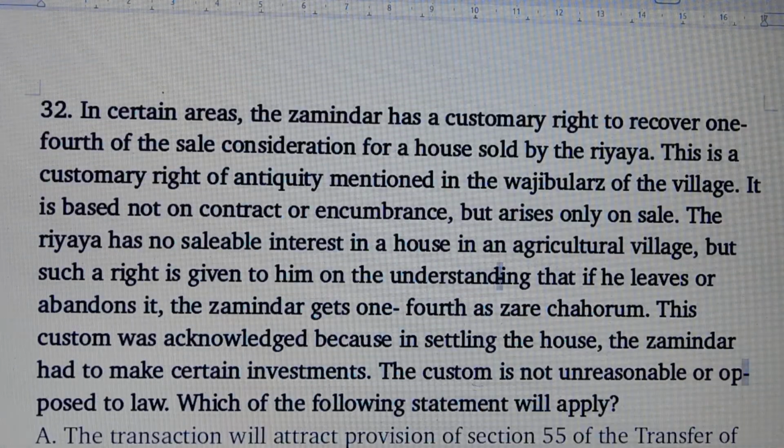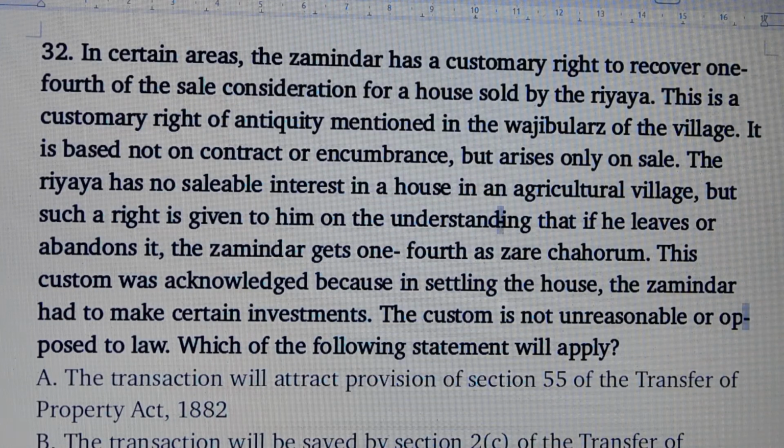Question number 32. In certain areas, the zamindar has a customary right to recover 1/4 of the sale consideration for a house sold by the riaya. This is a customary right of antiquity mentioned in the wajib lodge of the village. It is based not on contract or encumbrance but arises only on sale.